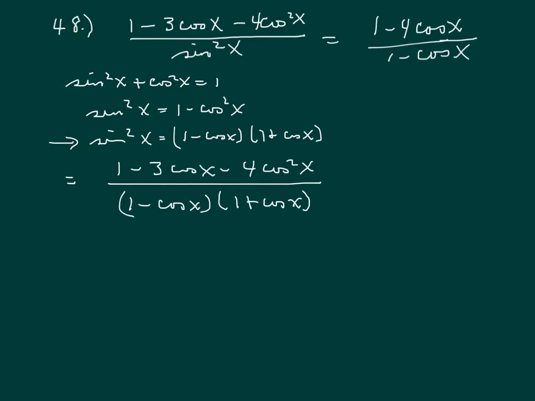And I see that the 1 minus cosine x already matches, so I at least have that part of it done. Now let's see if I can factor the top. The top looks like 1 minus 3t minus 4t squared, where I've let t equal cosine x.